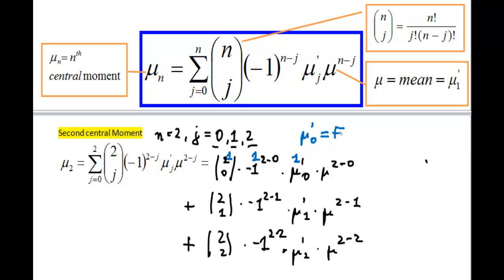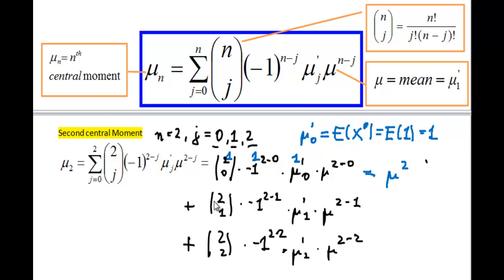Well, applying the definition of a moment, which is just the expectation of a random variable raised to the power, this is the same as the expectation of 1, and this is the same as 1. So that's why it's 1. Now here I've got mu to the power of 2 minus 0, so the whole term evaluates to mu squared.